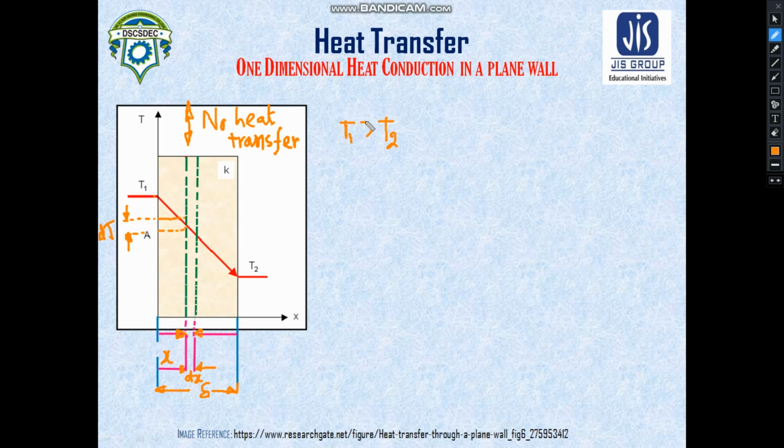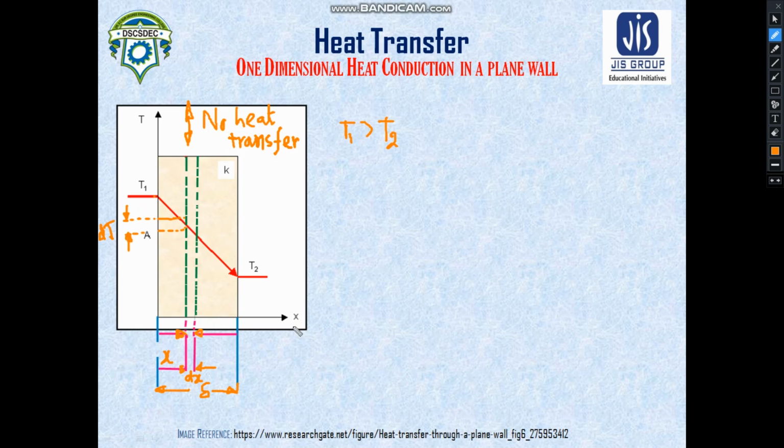Now you would be interested to find out the temperature and distance relationship. That means you would be interested to find out the spatial distribution of temperature, that is, how temperature changes along with the space coordinates.